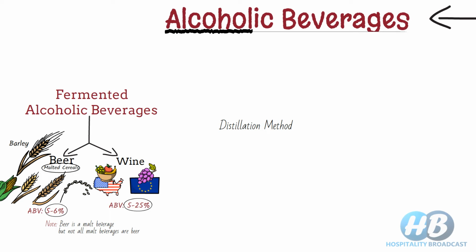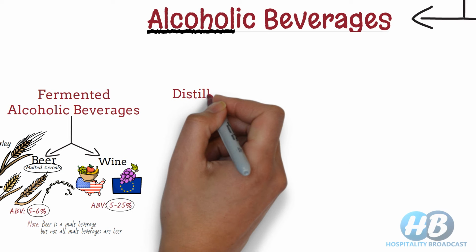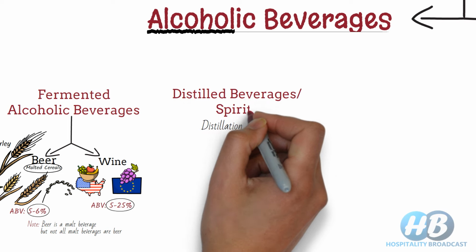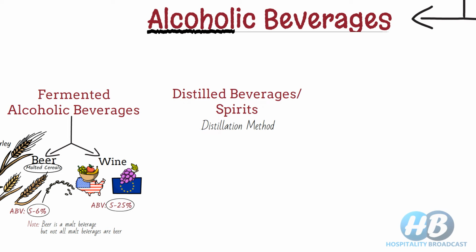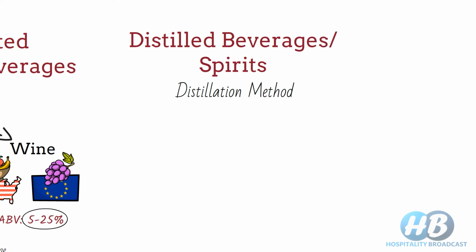The alcoholic beverages we obtain through distillation method are called distilled beverages or simply spirits. Spirits contain more alcohol than any other potable alcoholic beverages, and its product normally ranges from 40 to 70%. It might go higher in some cases, depending on regional laws and policies.